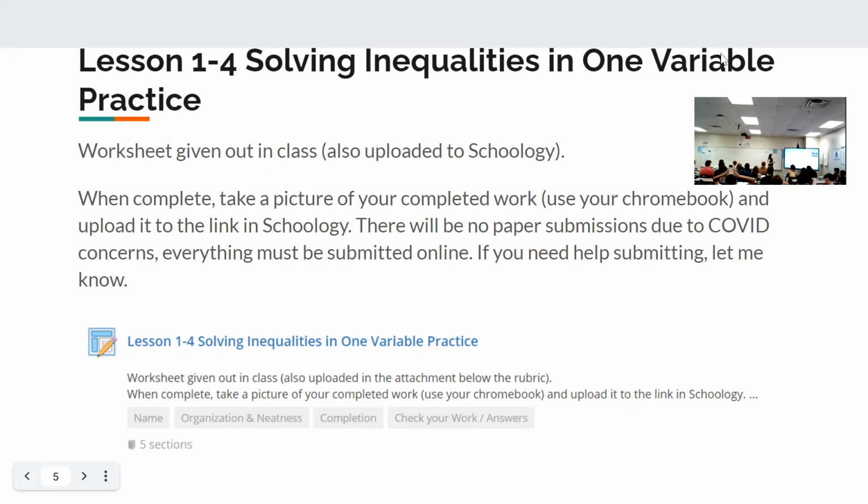I don't accept papers with all the COVID stuff going on right now. Here's how to take a picture with your Chromebook if you don't know how, but I'll talk about it more later too. You'll just upload it to that link in Schoology, and then I can grade it from there. But still hang on to it until you see that grade go through.